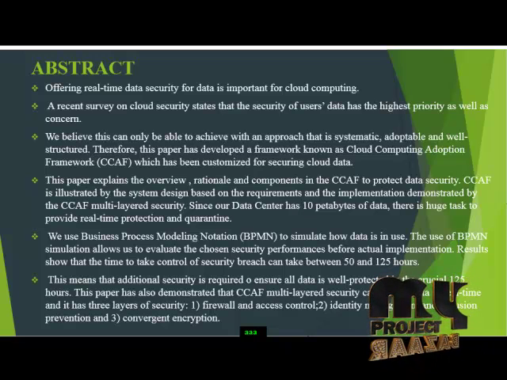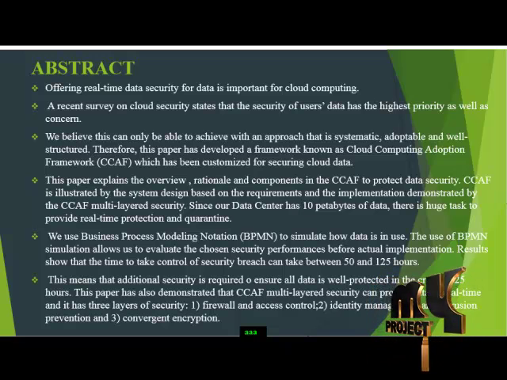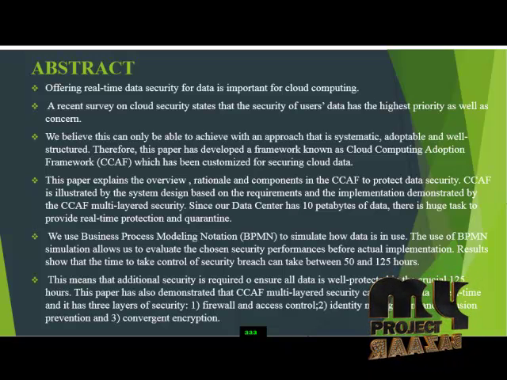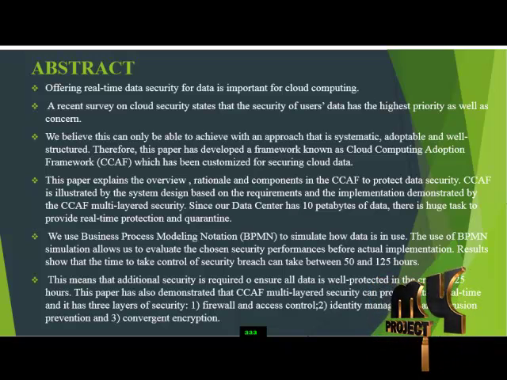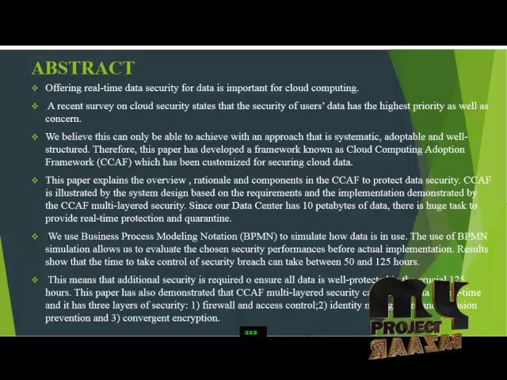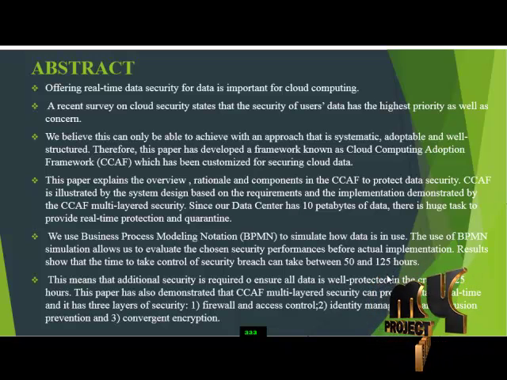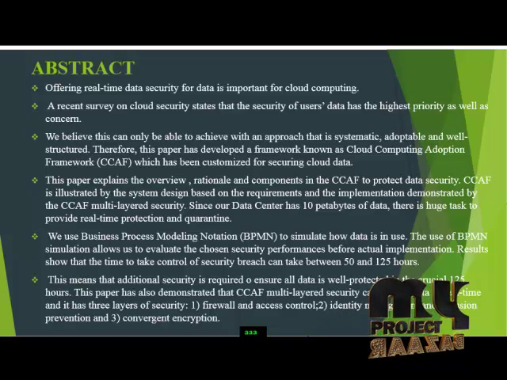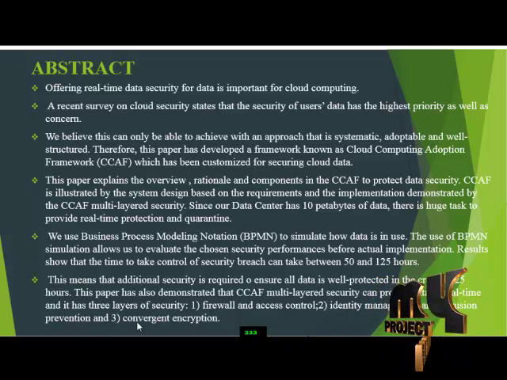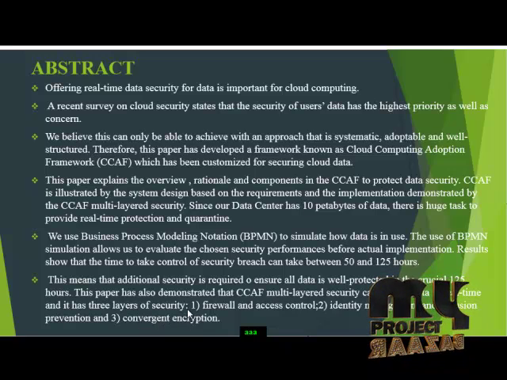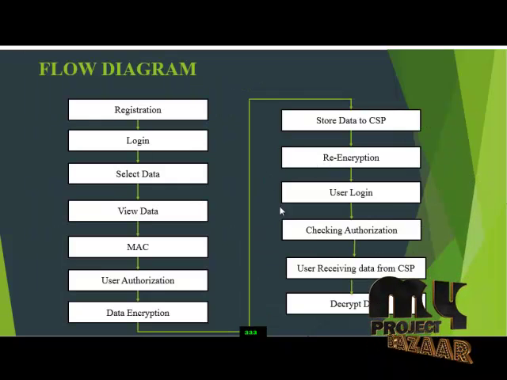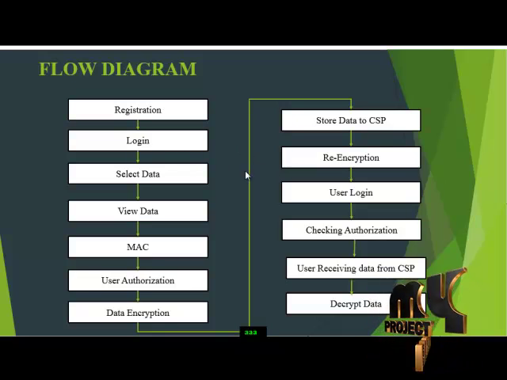This paper has also demonstrated that the CCAF multi-layered security can protect data in real time, and it has 3 layers of security. The first one is firewall and access control, the second one is identity management and intrusion prevention, and the third one is convergent encryption.